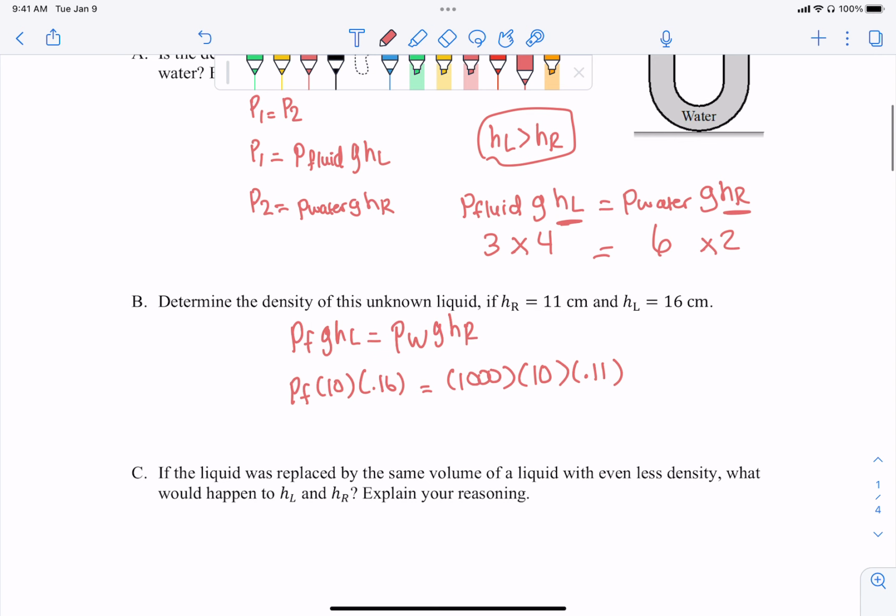If you solve for that, what should you get for your fluid density? 687.5. Anybody else get that? Yep, and that's kilograms per meter cubed.